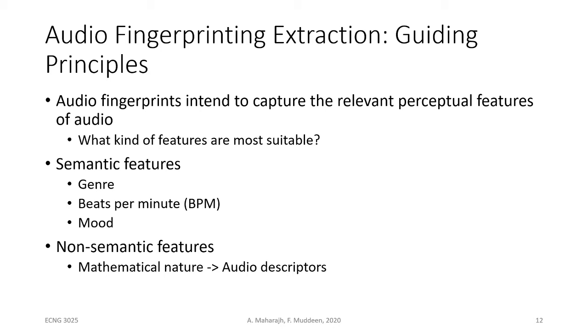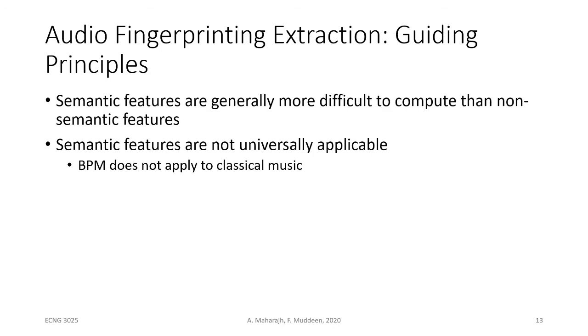The non-semantic features tend to be of a mathematical nature, which we tend to base our algorithm on, and which are referred to as audio descriptors. Because semantic features are more subjective in nature, they are also generally more difficult to compute than non-semantic features. And they aren't universally applicable, because things like beats per minute don't actually apply to classical music.